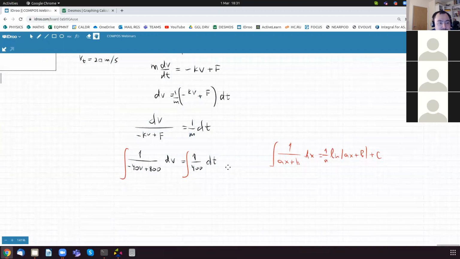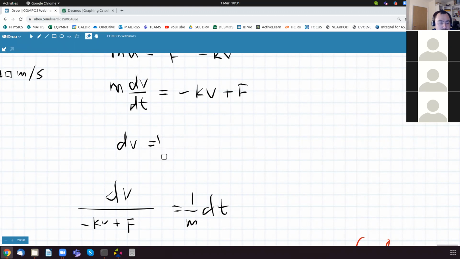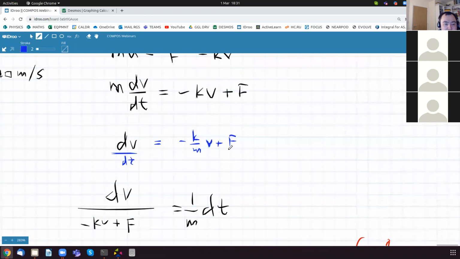So here, I'm going to take dv over dt, which is going to be minus k over m v plus f over m. All I did is divide by m.